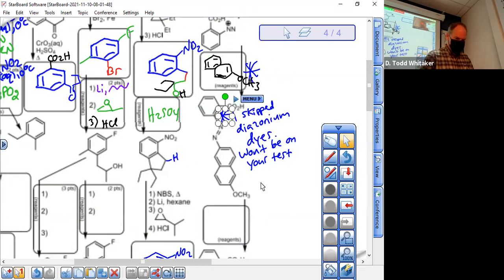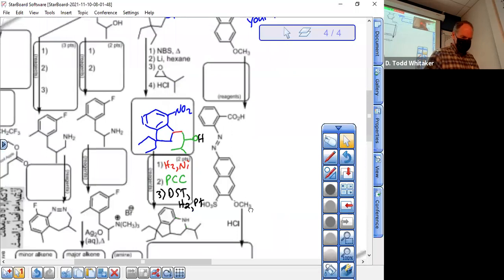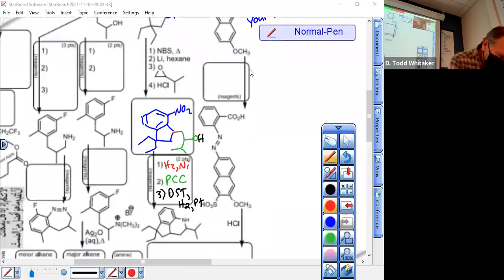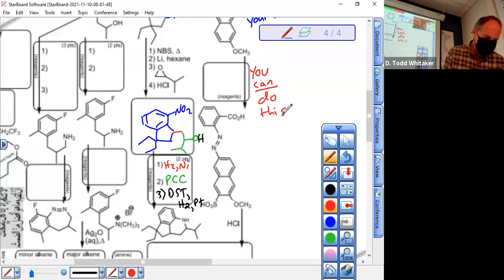There we go. This is okay. You should be doing this. You can do this. It's sulfonation. All you need is the bottom of the ring. There's a new group here. See? Right there, ortho to an OCH3.